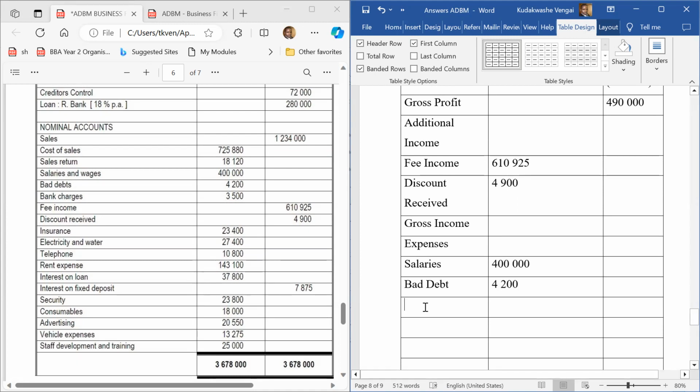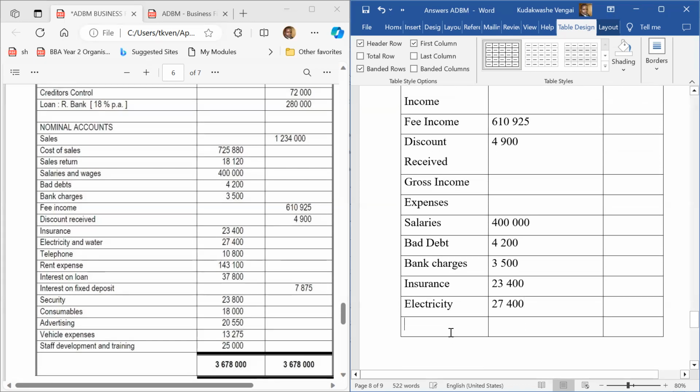And then we've got bank charges, which is 35. And then we've got insurance, which is 23. We've got electricity, which is 27. We have telephone, which is 10.8.